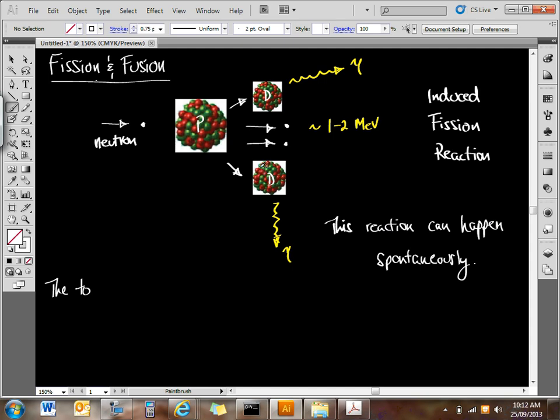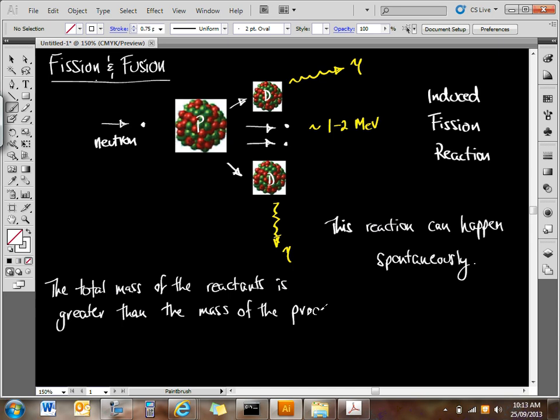Okay, mass of the reactants is greater or smaller than the mass of the products? Yes. The total mass is what I was going to say. Total mass of the reactants is greater than the mass of the products.